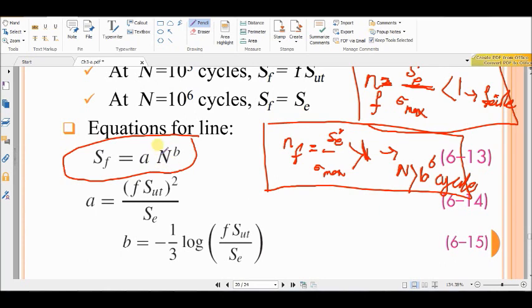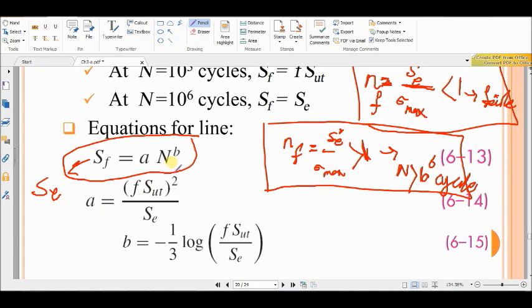That means the number of cycles is known and you want to know how much stress you can expose to the load. Or in some other case, maybe the strength is known and you want to find the number of cycles.